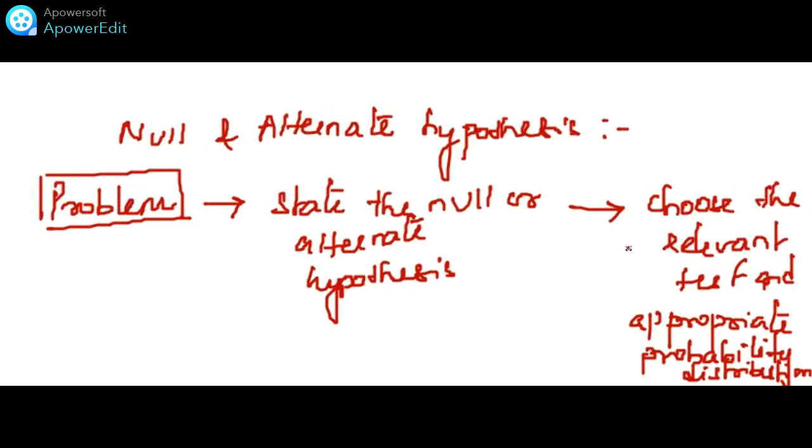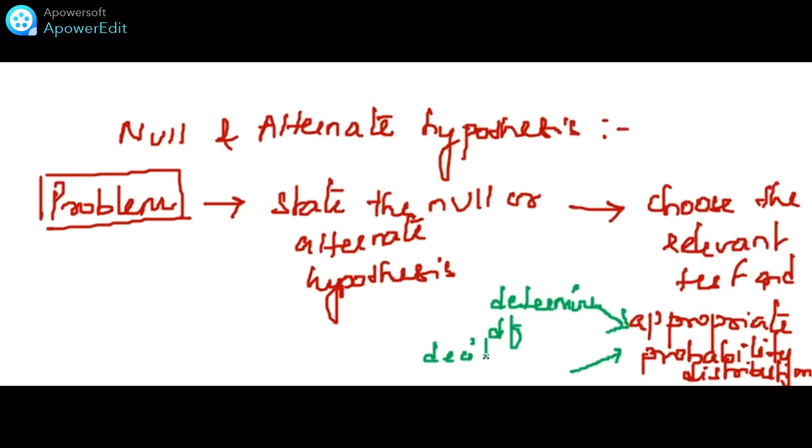While you are choosing the relevant test and appropriate probability distribution, you have to determine the degrees of freedom. For degrees of freedom, I'm writing DF. And you have to decide whether it is a one-tailed or two-tailed test.